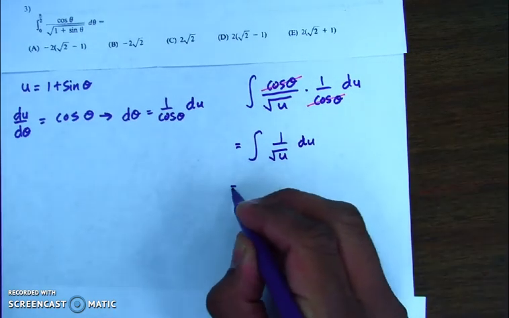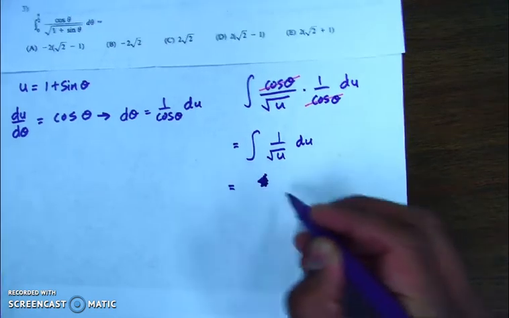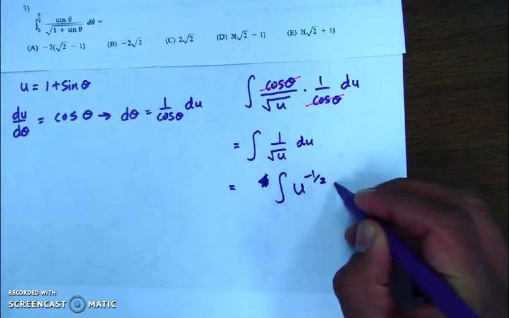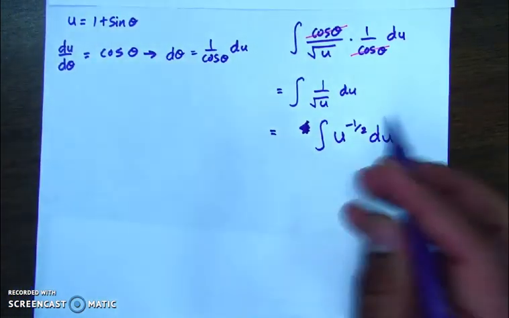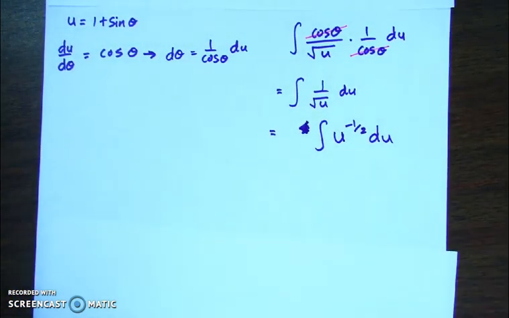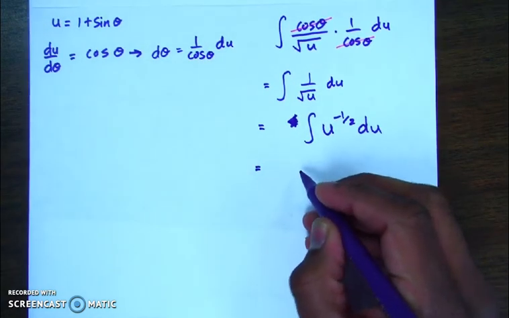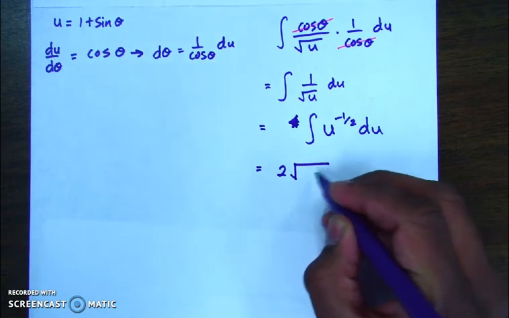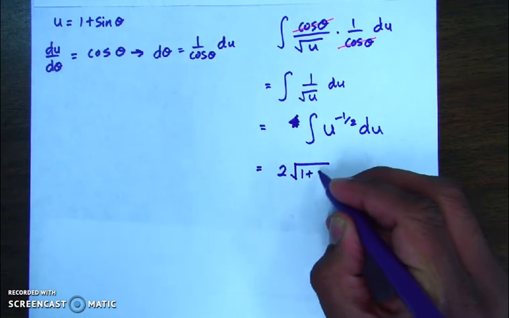Now this is the same as the integral of u to the negative 1/2 du. That's what I meant, right? Now we can integrate this, and notice that it's very similar to problem number 2. So it's 2 radical u. Now instead of u, I'm going to resubstitute the 1 plus sine theta.